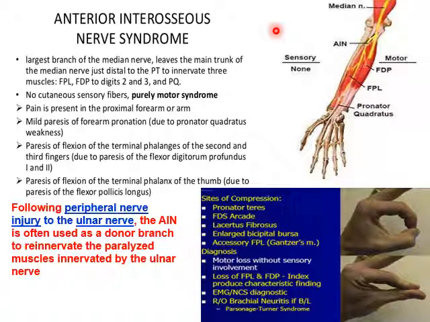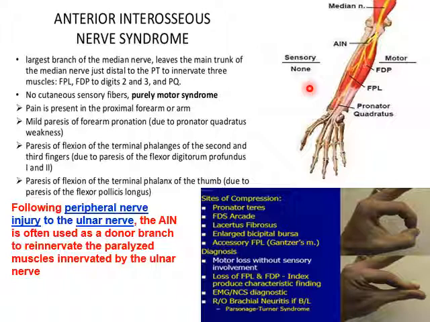Coming to the anterior interosseous nerve syndrome. Any injury or compression to the anterior interosseous nerve can cause this syndrome. This anterior interosseous nerve, the larger branch of the median nerve, supplies classically 2.5 muscles, which are the deep muscles of the forearm: the flexor pollicis longus, the pronator quadratus, and the radial half of the flexor digitorum profundus.